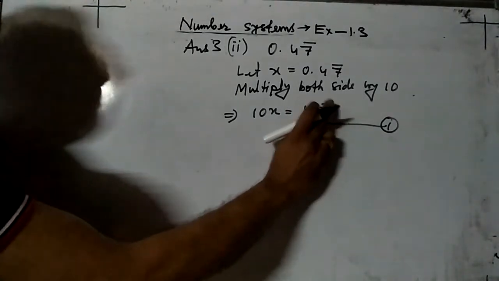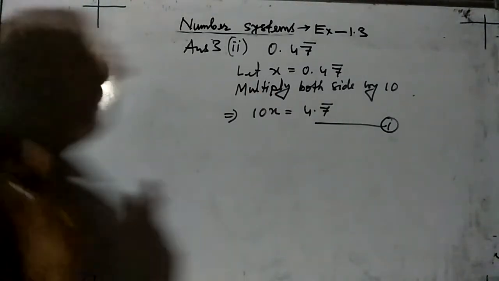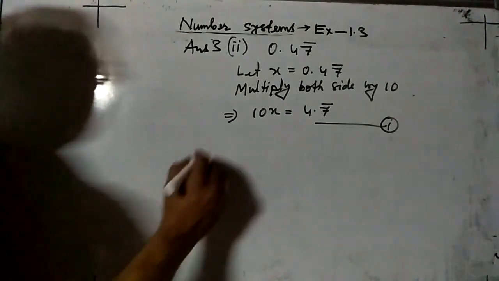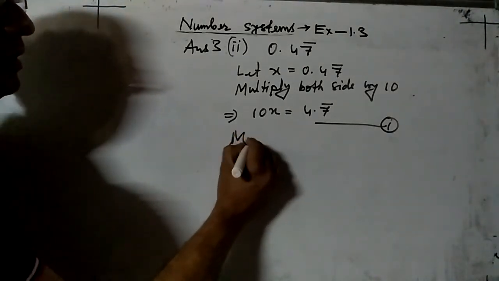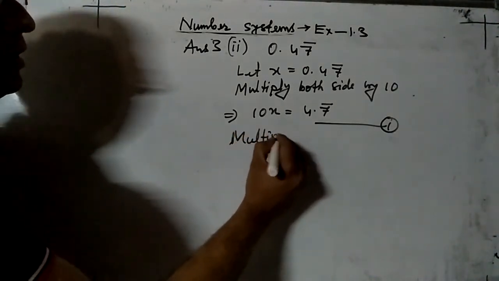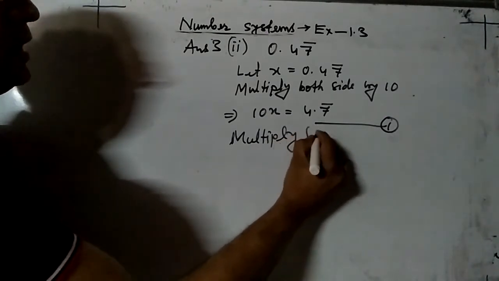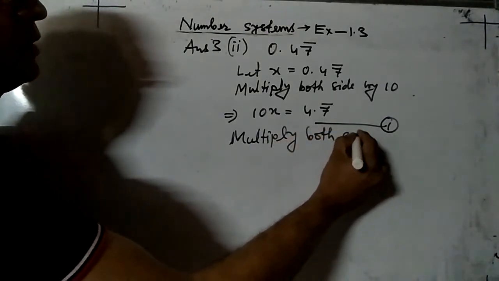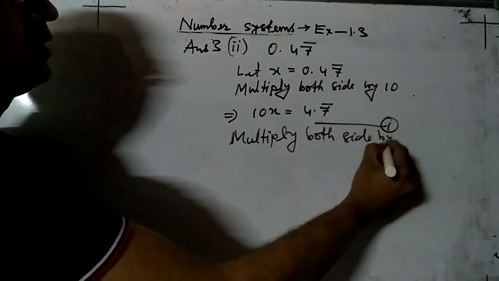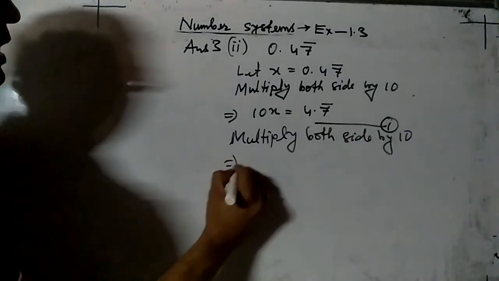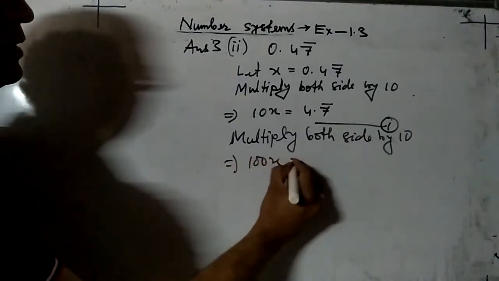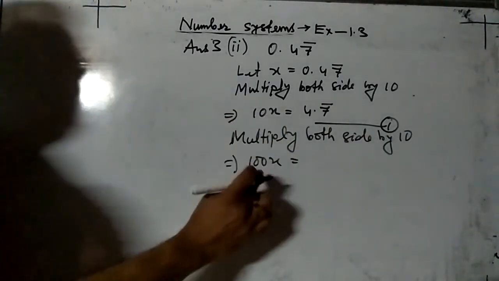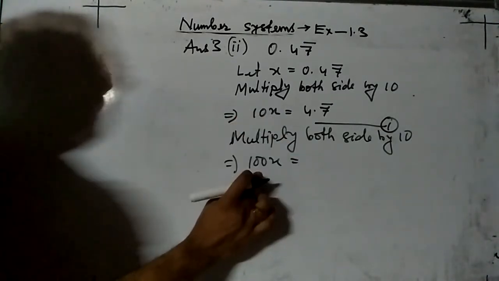Now on 7 the bar is there, only one digit. So again you have to multiply both sides by 10. So here you will get 100x, because 10x multiplied by 10 is 100x.